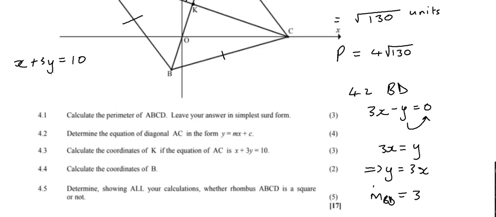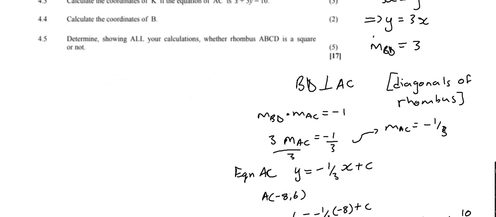We want to make y the subject of the formula, so we need to send x to the other side. So this is 3y is equal to negative x plus 10. And then you can divide by 3, divide by 3, divide by 3. You get y is equal to negative 1 over 3x plus 10 over 3, which is exactly what we have.